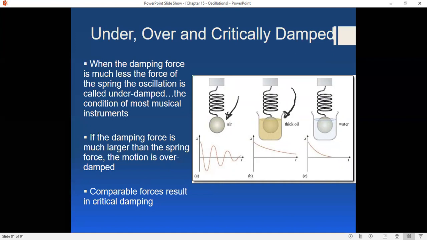Okay, it's going to be very hard for that mass to move. And we're going to offset it, and it'll slowly come back to equilibrium. If we put it in a low viscosity fluid like water, that might be the closest thing we have to critically damped. Again, you'd really have to match the spring well to the viscosity of the water to get that.